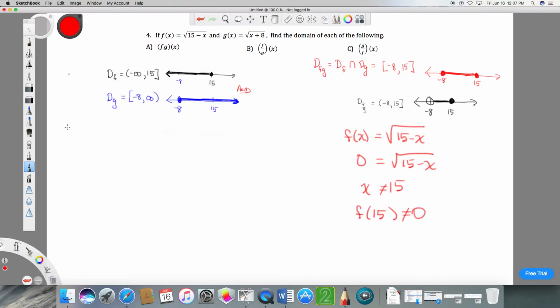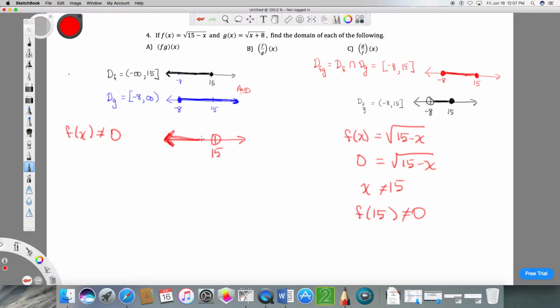So the set of values that avoid f of x from being 0 is the set of all real numbers excluding positive 15.